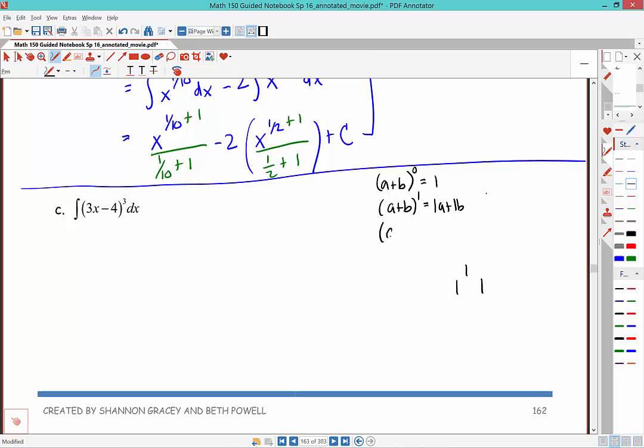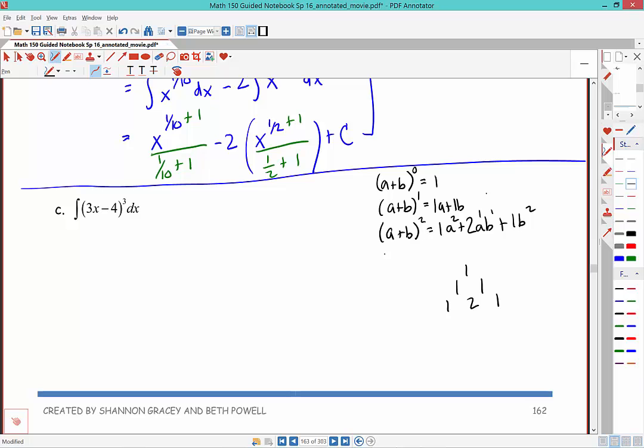And then a plus b squared is 1a squared plus 2ab plus 1b squared. And so notice that every term has a degree of the power you're raising that binomial sum to. So this was 1, 2, 1.